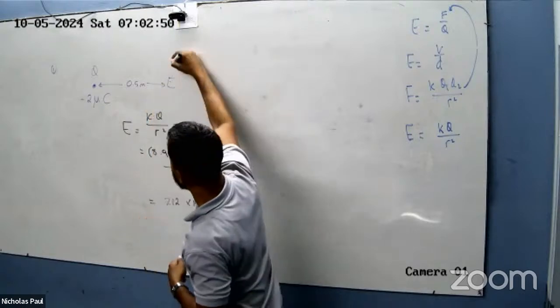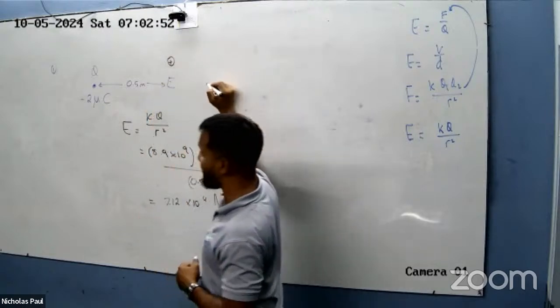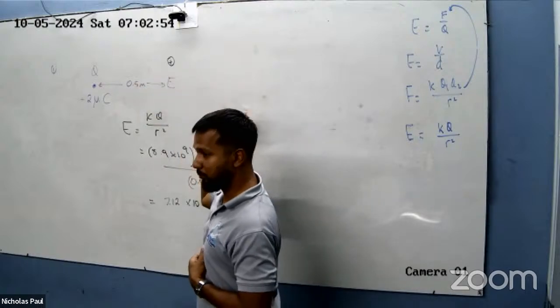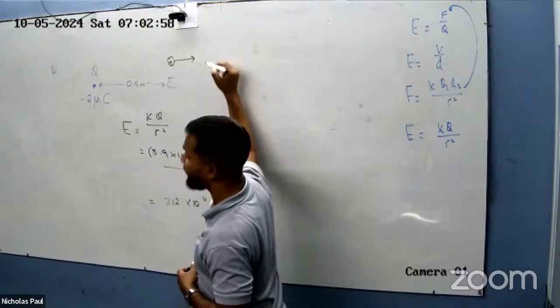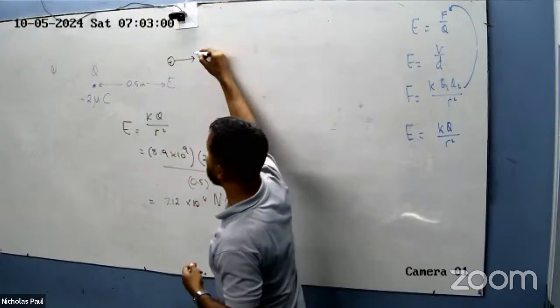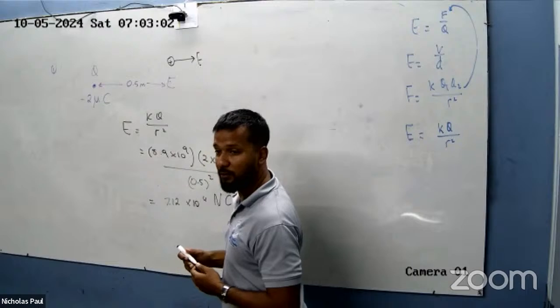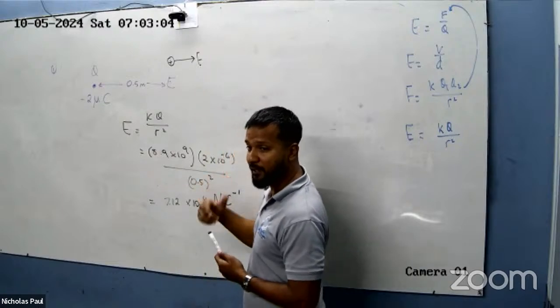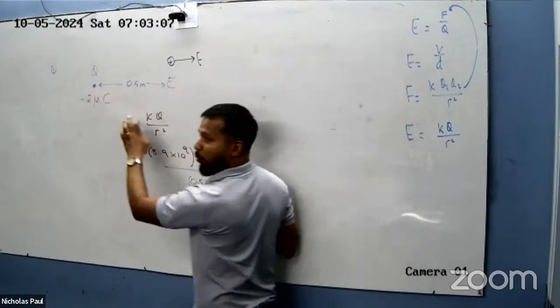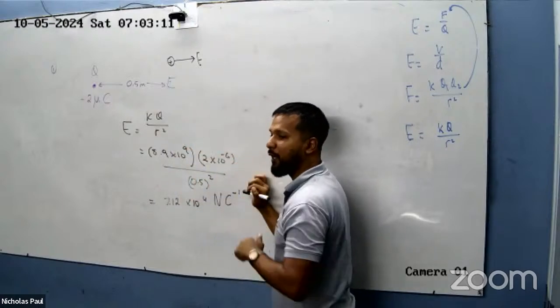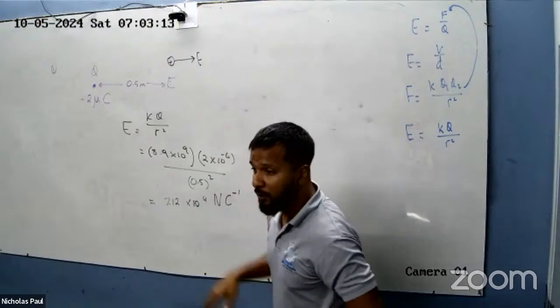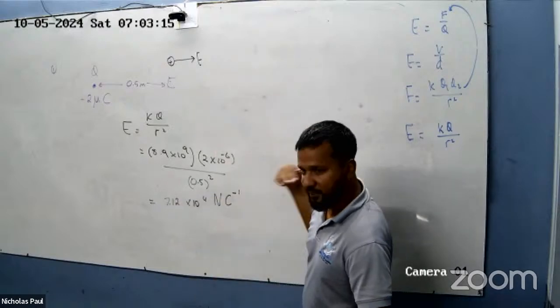So if I place a positive charge here, how will it move? Positive and positive will repel. So the direction of the electric field is to the right.